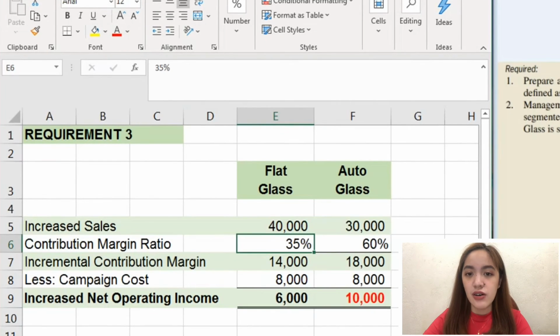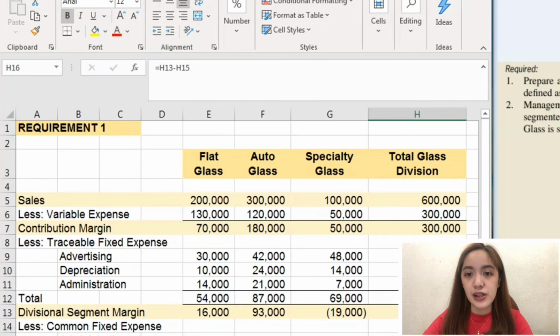Next, to find the contribution margin ratio, divide the contribution margin by sales. The contribution margin ratio formula is sales minus variable expenses divided by sales. Referring to the table that we have used in requirement 1, to shortcut it, it will be the contribution margin divided by sales.